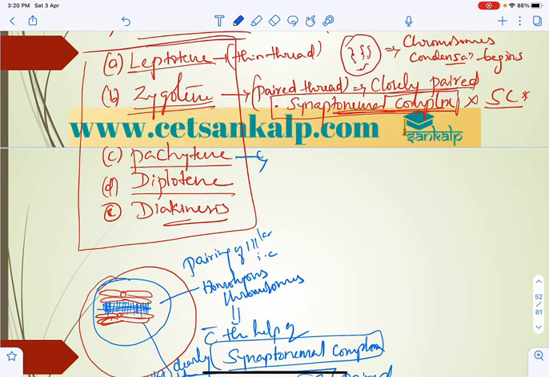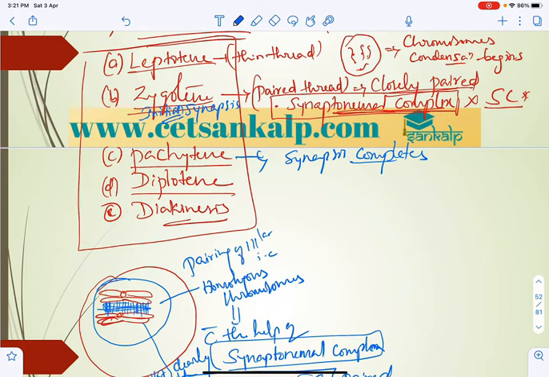Synapsis starts in zygotene, the initiation of synapsis, right? So pairing of homologous chromosomes. Here synapsis completes completely, right?